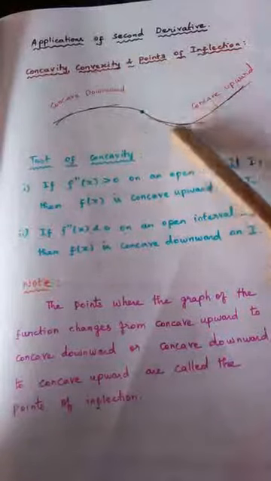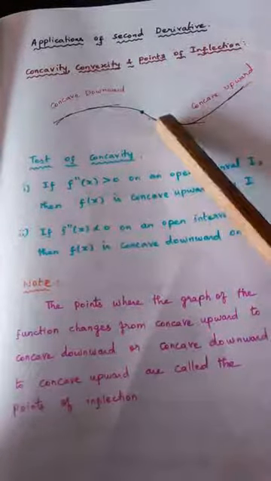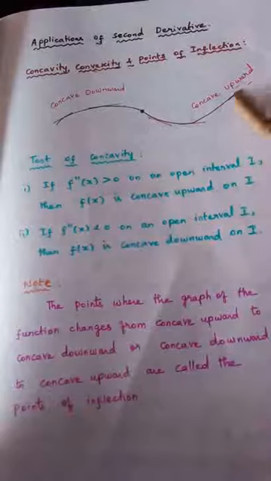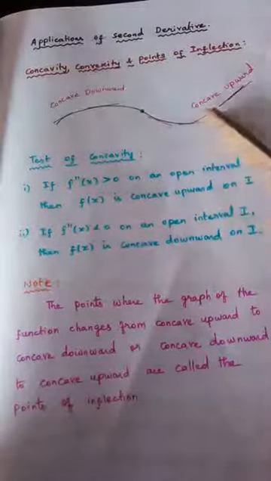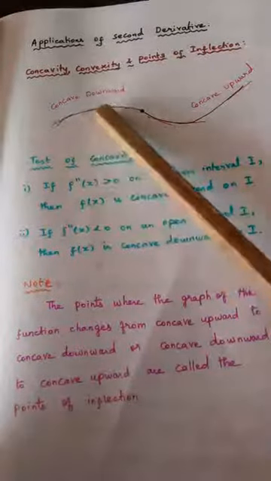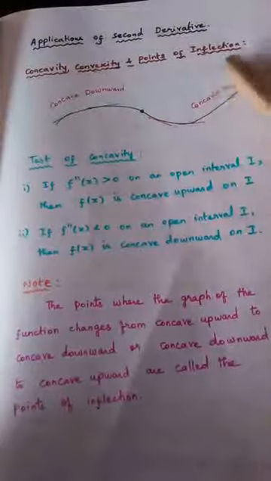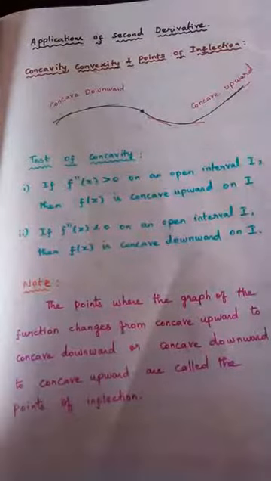And if you see the second portion, the tangent drawn lies below and the curve lies above the tangent. Here the curve lies above the tangent, so that is called concave upward. Hope you understand this.